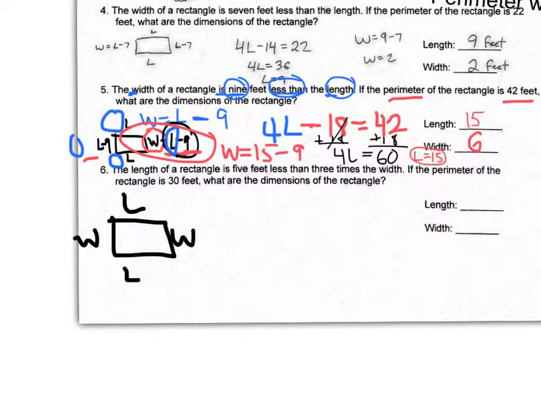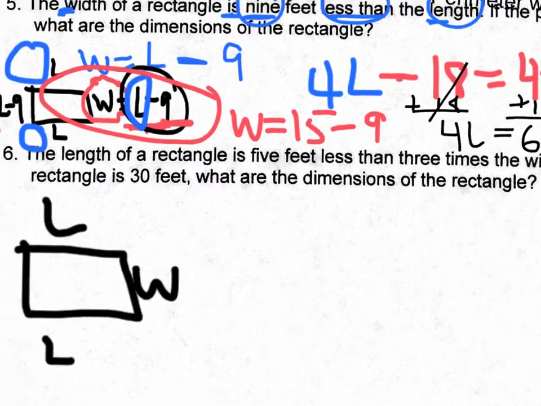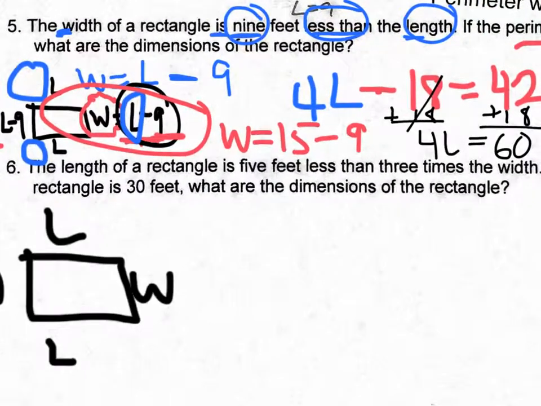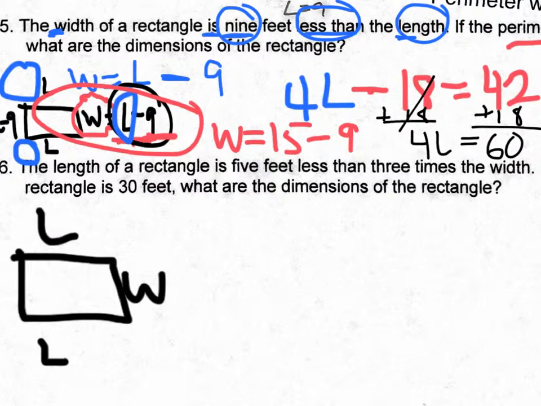But what we need to do is look at the word problem and come up with what they give us. Let me see, what do they give us here? It says the length, which we're going to call L, the length is, that means L equals 5 less than, so the less than is a minus, and the 5 being in the front, you need to switch it to the back because less than implies a switch, 3 times the width.